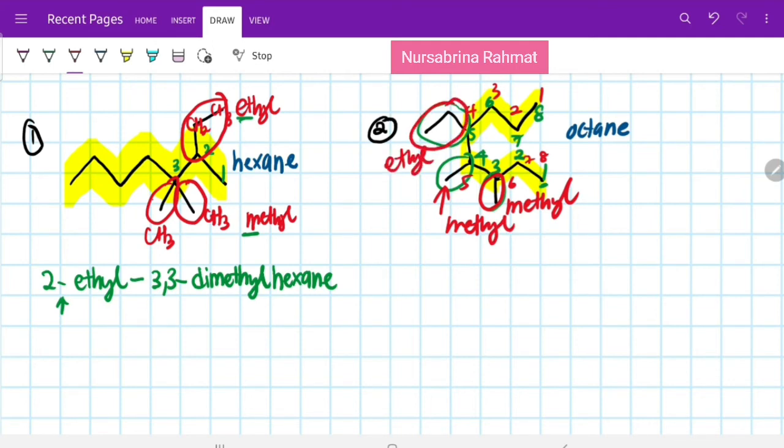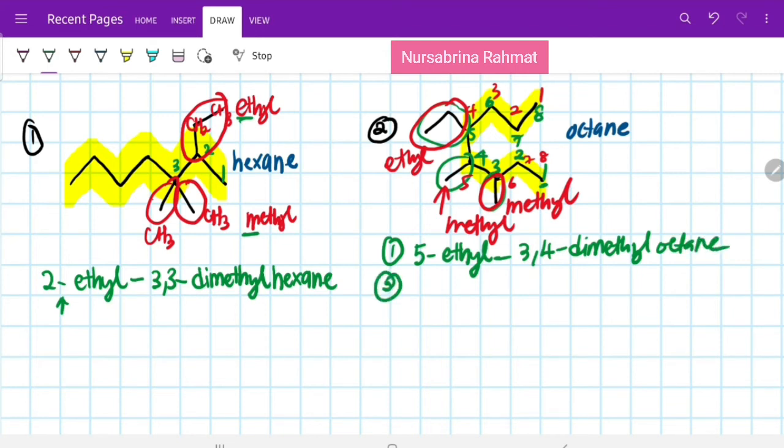So this is ethyl. Whenever we want to write down the name, we need to arrange the substituents in alphabetical order. If I number my backbone from the bottom, I will have 5-ethyl, 3,4-dimethyl octane.